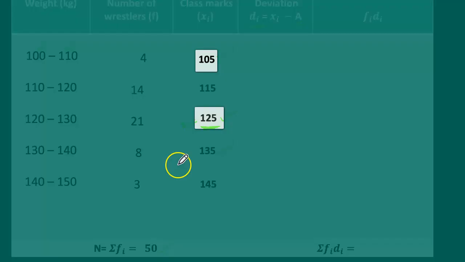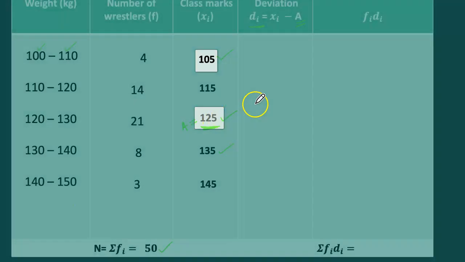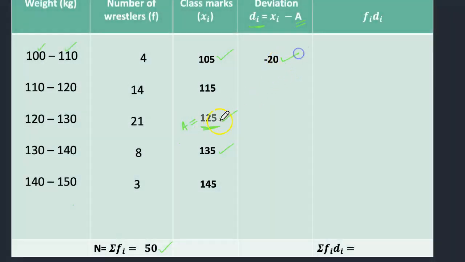Let us subtract a from each class mark. 105 minus 125, so we get minus 20. 115 minus 125, the result is minus 10. 125 minus 125, the result is 0. Now 135 minus 125, the result is 10. And 145 minus 125, the result is plus 20.